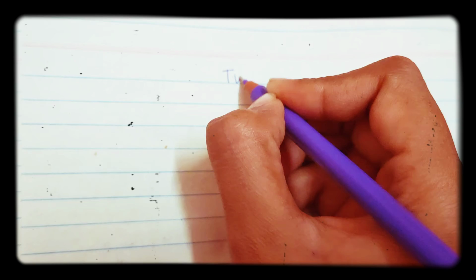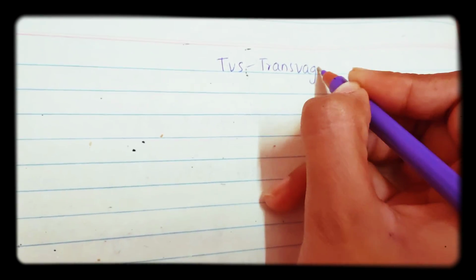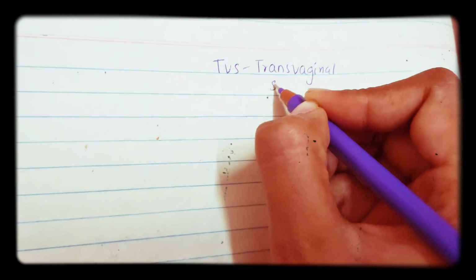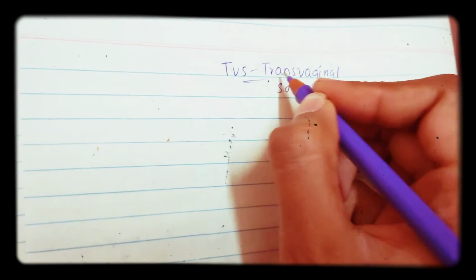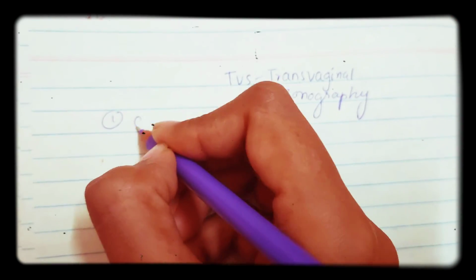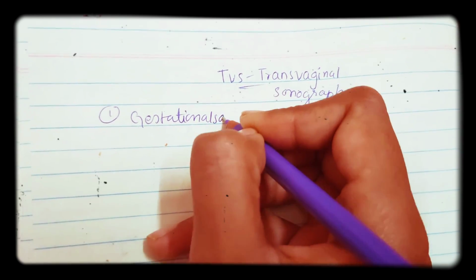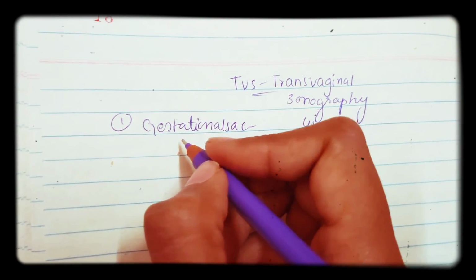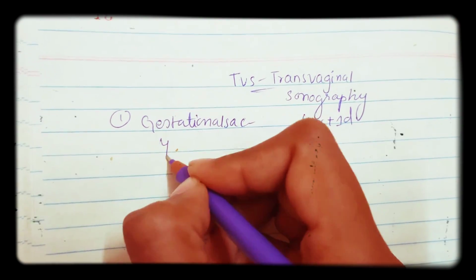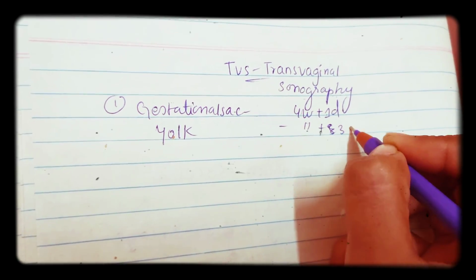Now if you see the fetal structures in TVS, what is TVS here? Transvaginal sonography. So if you do transvaginal sonography and see different structures, first the gestational sac, for which it's 4 weeks plus 1 day. For the yolk sac, it is 4 weeks plus 3 days.